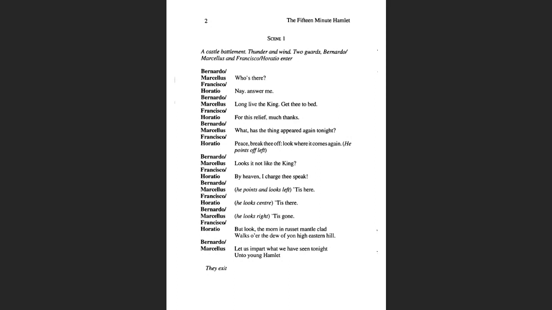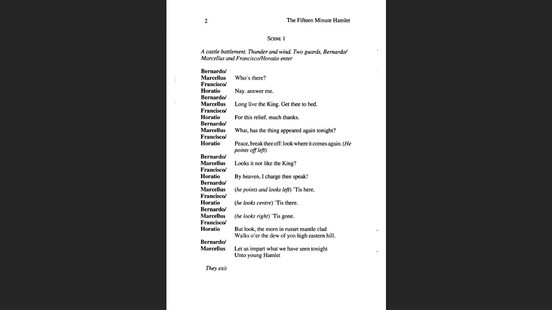What, has the thing appeared again tonight? Peace, break thee off. Look where it comes again. Looks it not like the king? By heaven, I charge thee, speak. 'Tis here. 'Tis there. 'Tis gone. But look, the morn in russet mantle clad walks o'er the dew of yon high eastern hill. Let us impart what we have seen tonight unto young Hamlet.